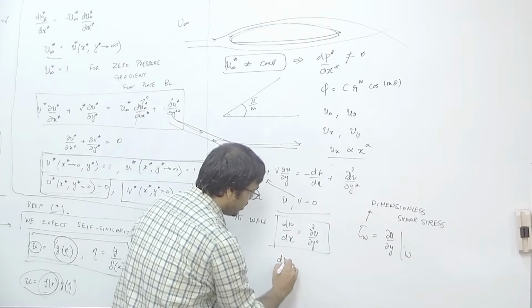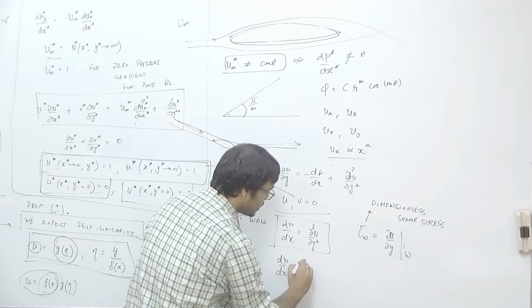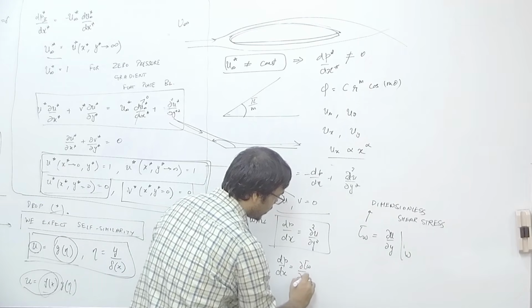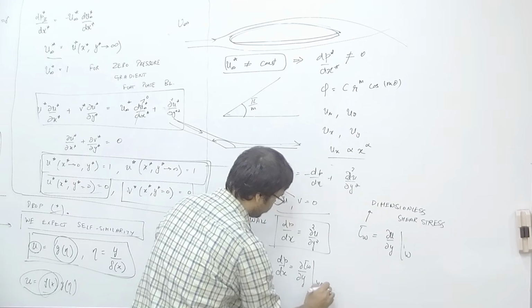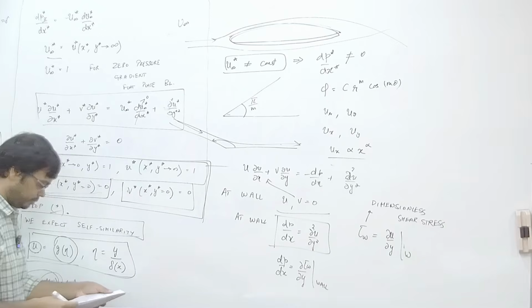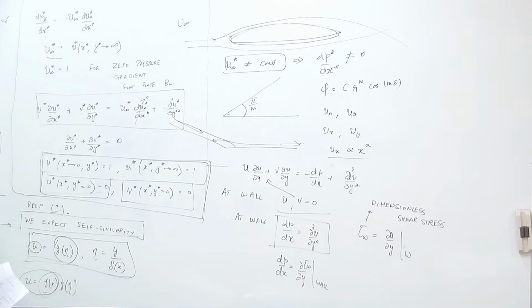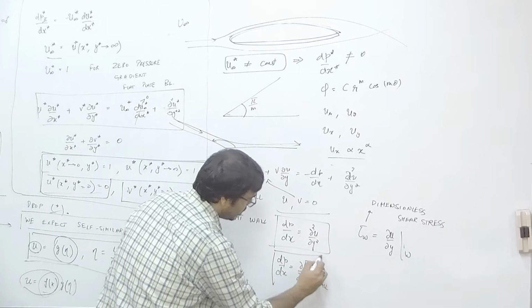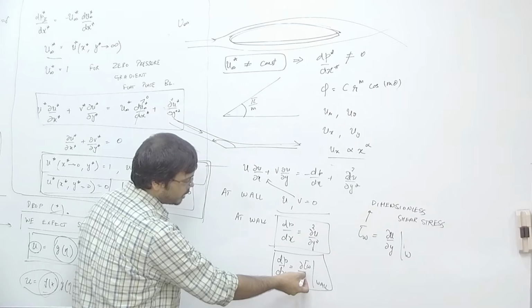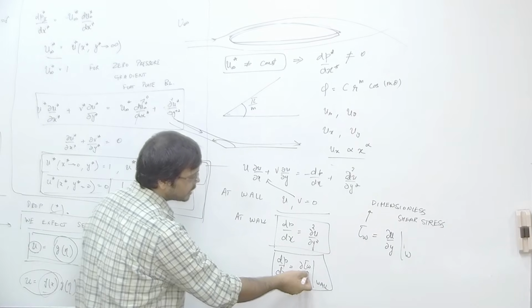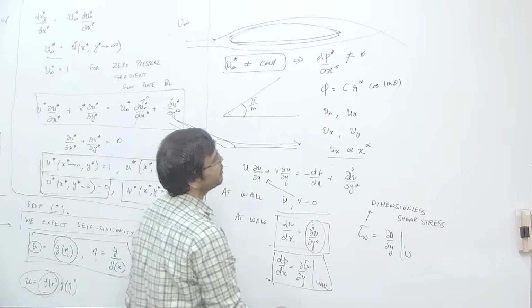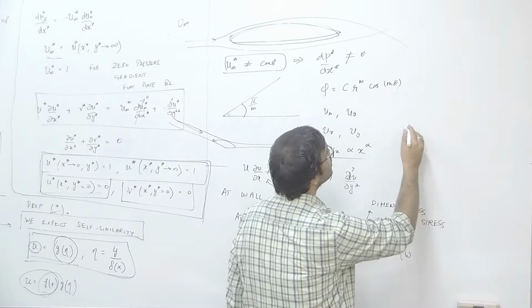So, this means dp by dx is del tau w over del y at the wall. This has very important conclusions, or if you do not want to think about it in terms of shear stress, you can still look at it in second derivative terms, and let us look at what the implications are.